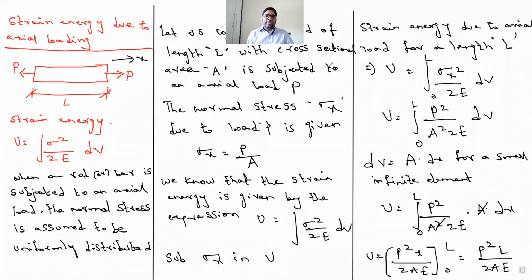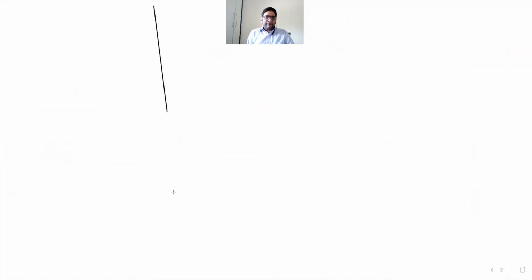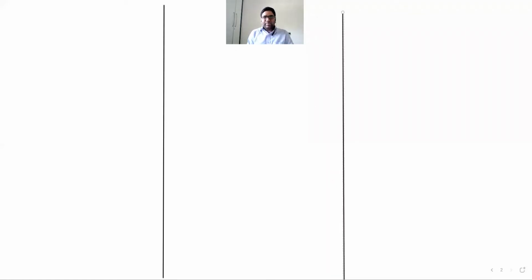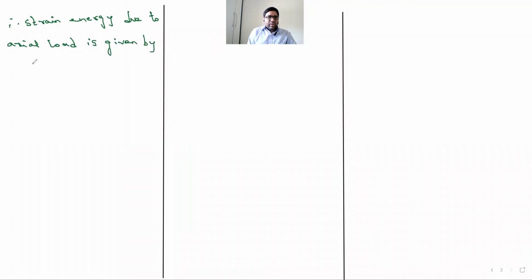So therefore, the strain energy due to axial load is given by U is equal to P square L by 2AE.